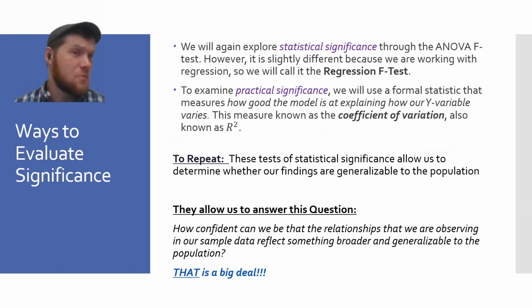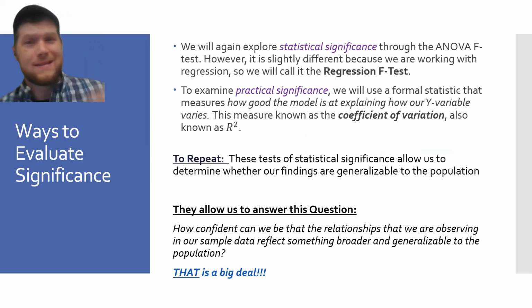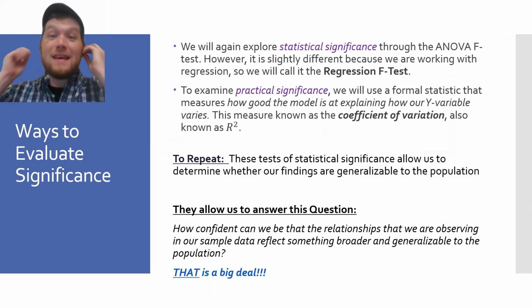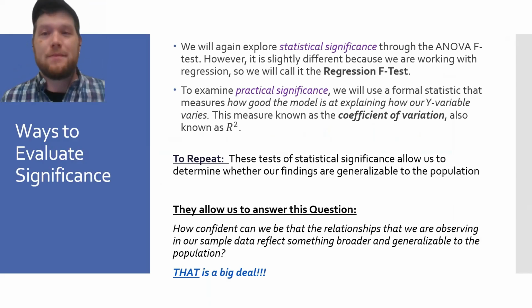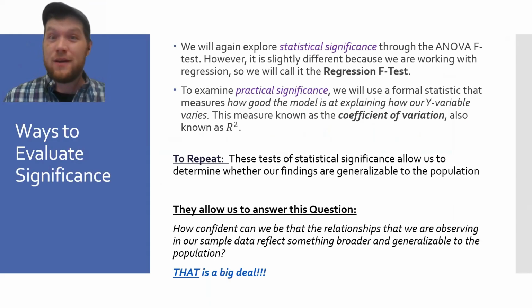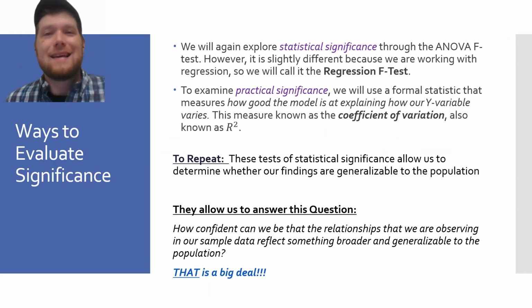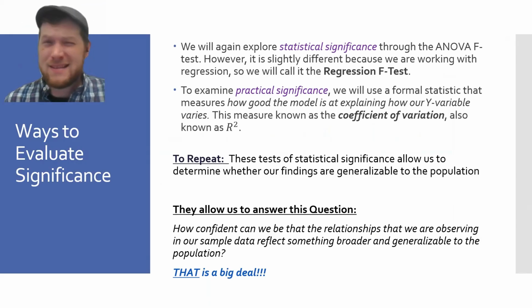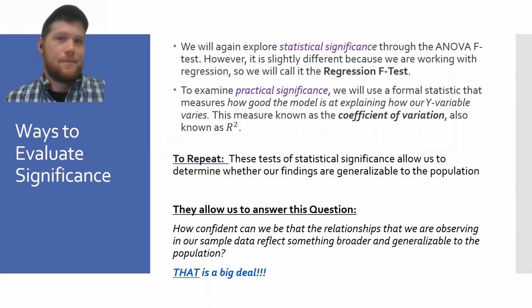So let's take some ways to evaluate the significance. We'll explore the statistical significance, the ANOVA F test. But this is slightly different when we're working with regression. We might call it the regression F test or regression ANOVA F test. This is a slightly different test. It still actually uses ANOVA, but it's a different type of ANOVA.